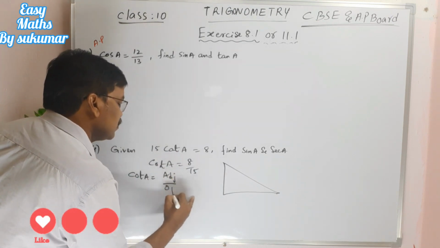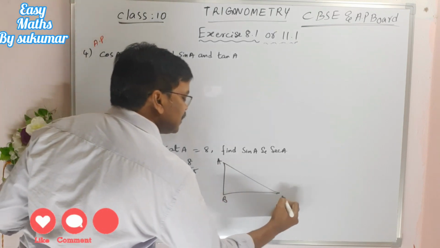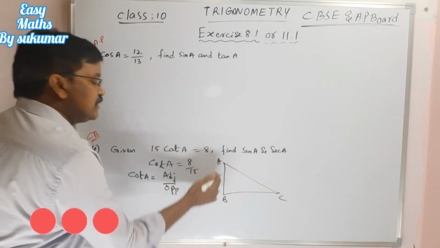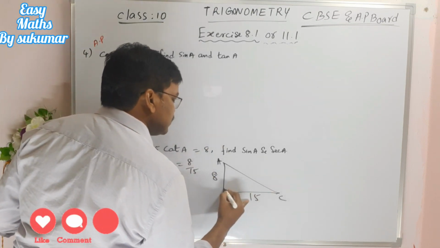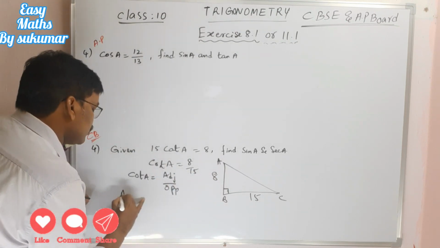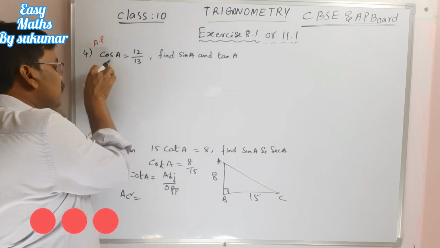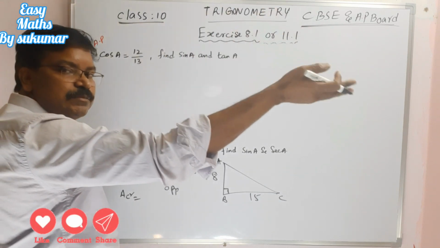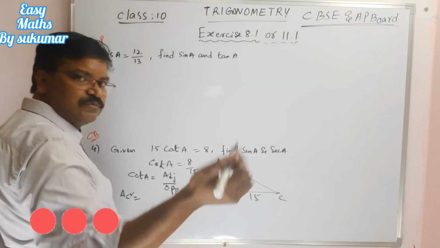So ABC is a triangle, this is adjacent and this is opposite and this is the right angle. Now let us find AC square according to Pythagoras theorem. Actually, this fourth sum and the third sum in the CBSE are similar only. But I will teach you this sum, right?